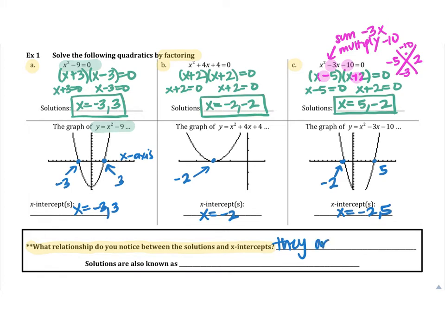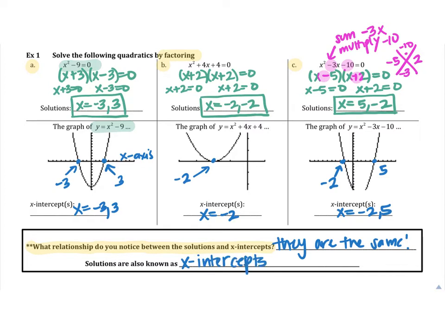They are the same, okay? I know I kind of revealed this in some factoring notes, but the solutions and the x-intercepts are the same. So we can solve by graphing by looking at the x-intercepts. Some of these words are interchangeable.